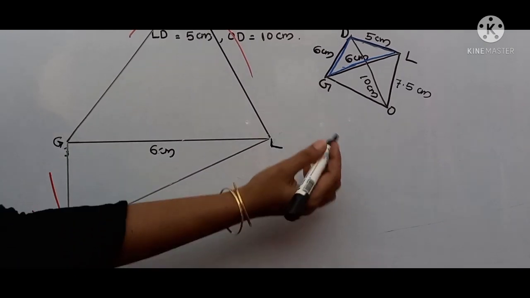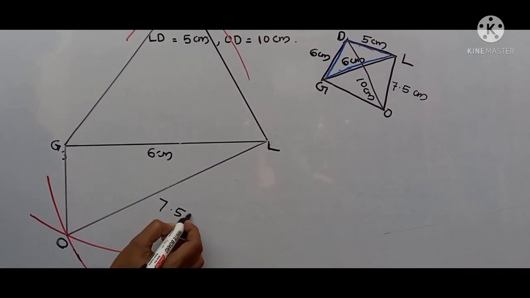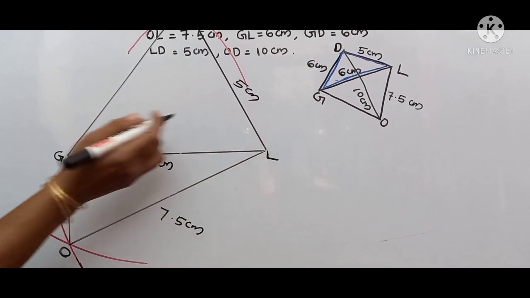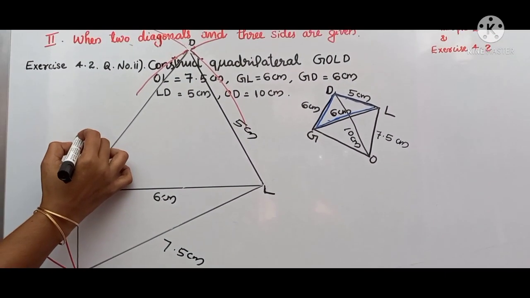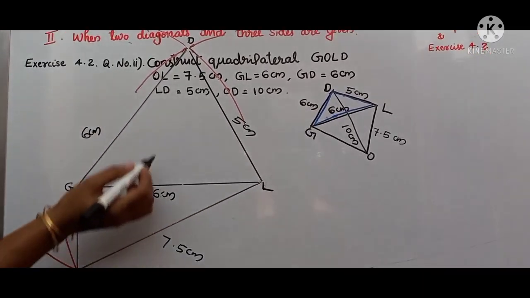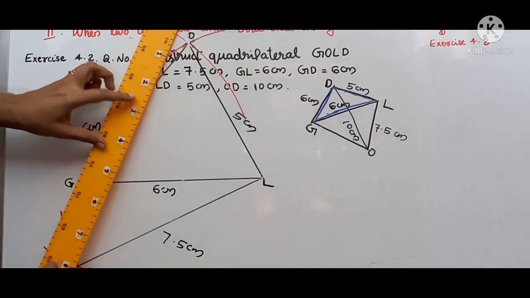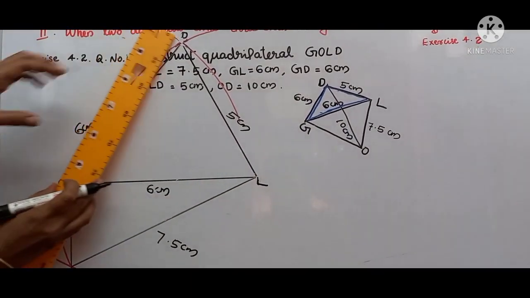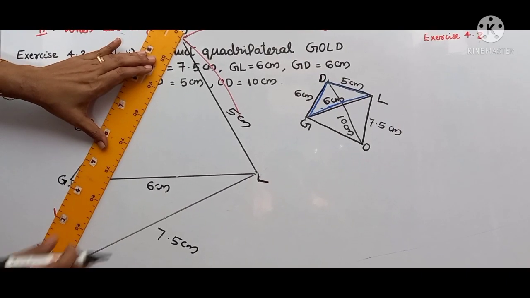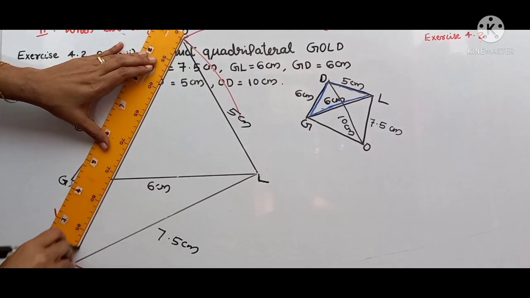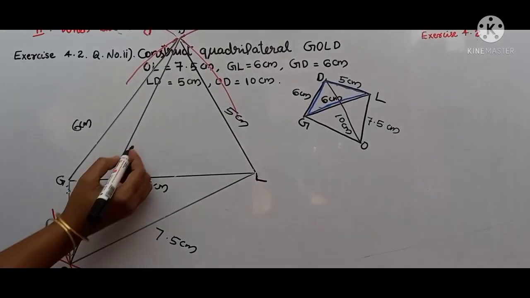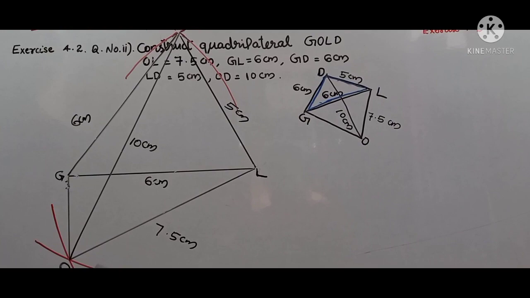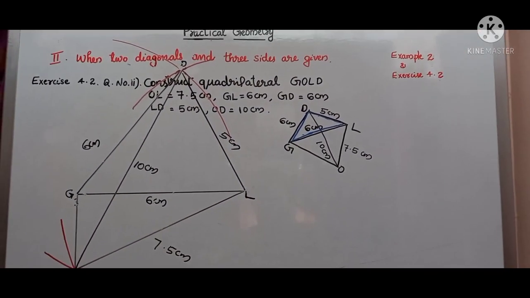OL is equal to 7.5 centimeter, LD 5 centimeter, DG or GD 6 centimeter, and one more diagonal is given, we have to join this point OD, that is 10 centimeter. Now we have constructed quadrilateral GOLD.